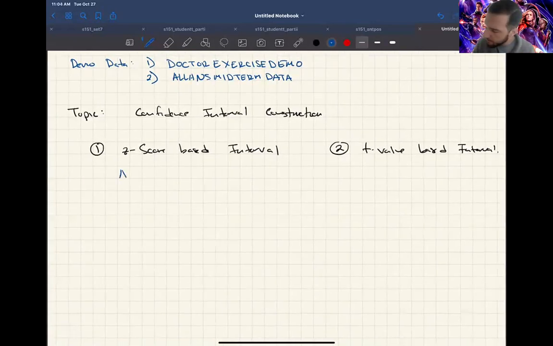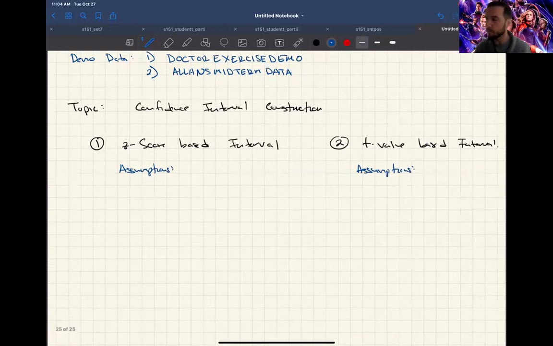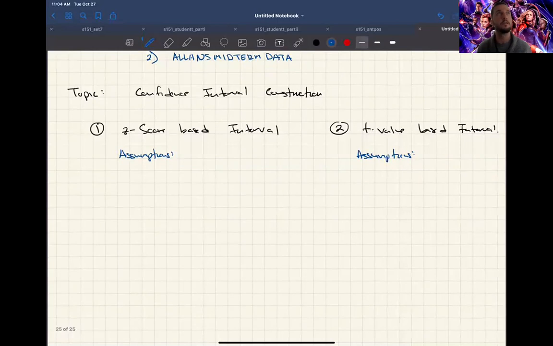For each interval, we have a set of assumptions that we need to check before we start constructing the intervals. The assumptions are very similar. In both cases, the first assumption is always: was a simple random sample collected? I usually designate that as SRS. Do we have an SRS from each sample?